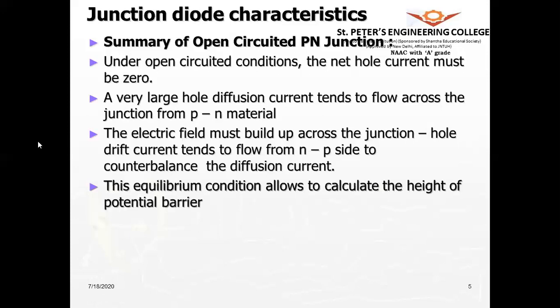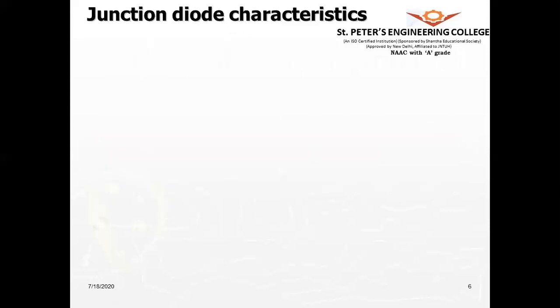When a PN junction is open circuited, there is an equilibrium condition. This equilibrium condition allows us to calculate the height of the potential barrier. So this is what we have considered about the junction diode. Now how can we use this PN junction as a rectifier?